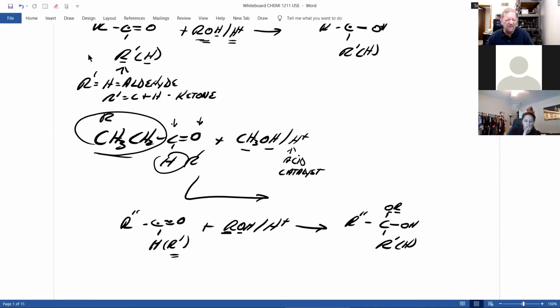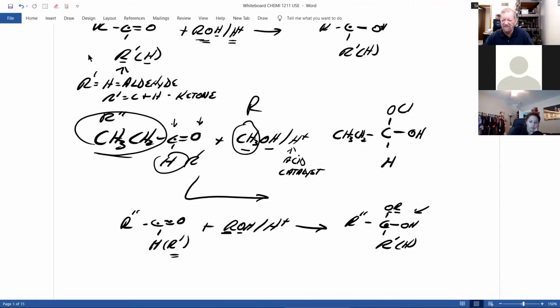What's R double prime? Keep your eye on this carbon. What's attached to it? Hydrogen, which is my R prime, 2 carbons. And then this carbon right here has a hydroxyl group, O, and what's R? This right here. And I'm done. Remember, keep your eye on the carbonyl carbon, because that's where the fun is.